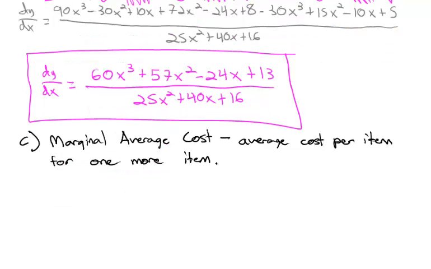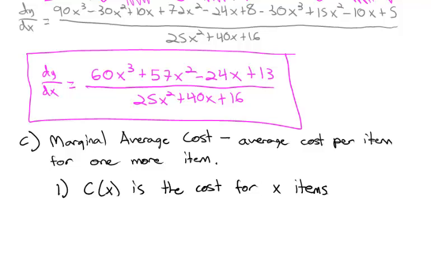So average cost per item. And we can kind of figure this out intuitively. If C of x is the cost for x items, the way we calculate the average, we know from past experience that the average is the total cost divided by the total number of items.